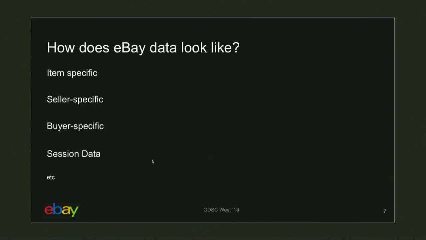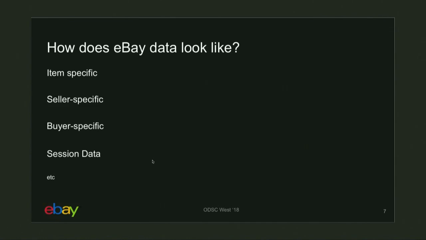So at eBay, just like other e-commerce companies, we have item-specific information, things like title, image, and so on. I'll actually show a few more slides related to item-specific. We also have seller-specific information. We have seller ratings. We know how long the seller has been listing items, how experienced they are, what kind of categories they are experts in. Same for buyers.